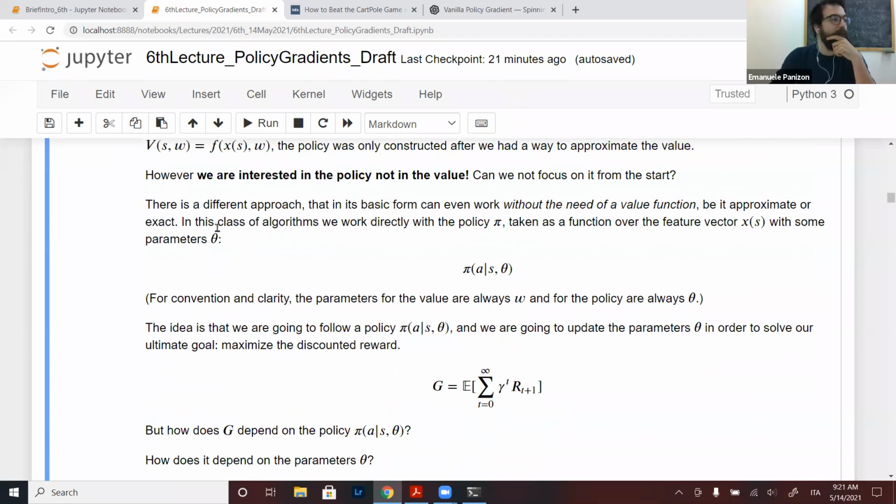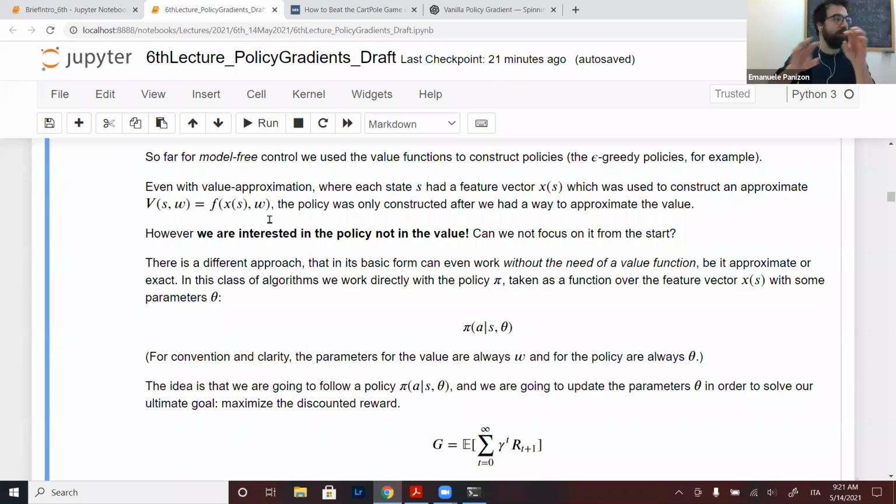So now, instead of having a value and constructing the policy over the value, we want to have a policy which lives by itself, with some parameters theta. Instead of having some parameters w, which create a value approximation, and with that value approximation we create the policy, now we have some parameters theta, and our policy is parameterized only on that.